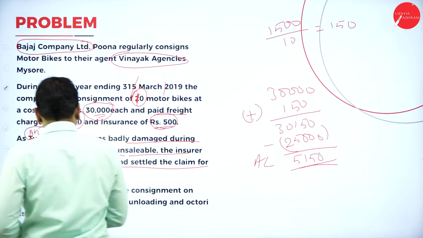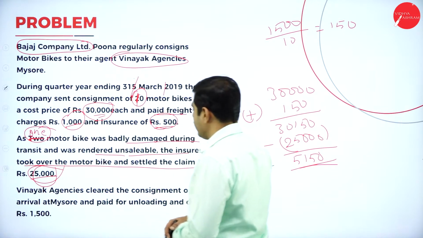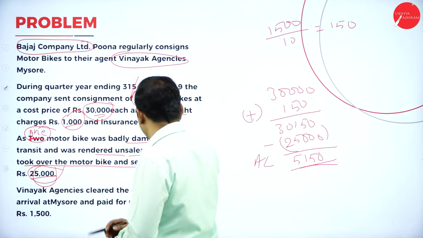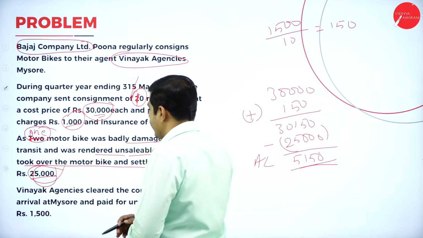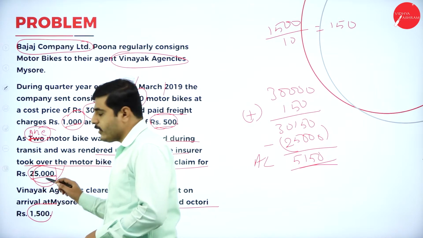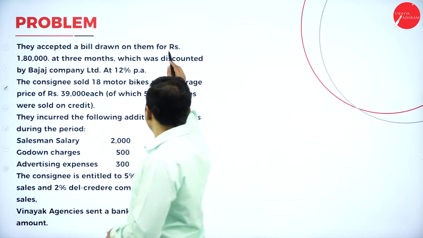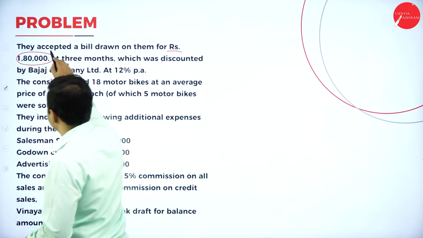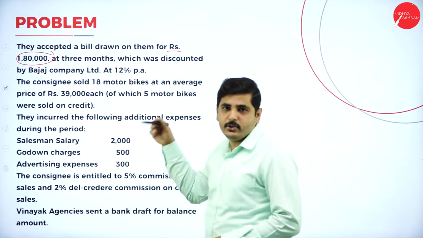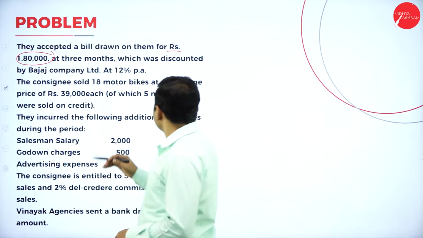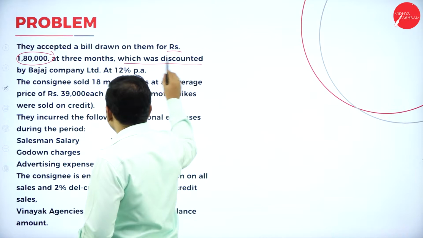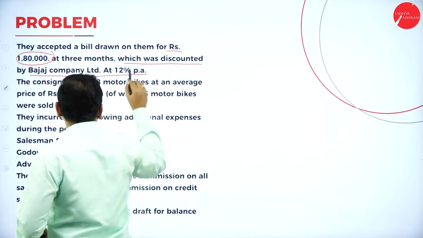Next one, Vinayaka agency cleared the consignment on arrival at Mysore and paid the unloading and cartage. This is the direct expenses. Unloading and cartage is 150 rupees, and accepted the bill drawn for rupees 1,80,000. This is the security deposit made by the consignee to the consignor, which is discounted by the Bajaj Company Limited at 12% per annum.